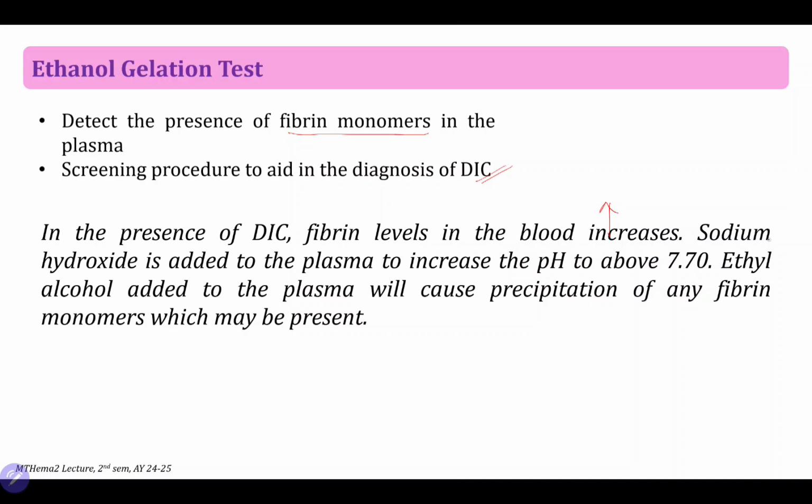Now, sodium hydroxide, which is the reagent in this test, is added to the plasma to increase the pH to above 7.70. Now, once the pH is increased, ethyl alcohol is added into the plasma and will cause precipitation of the fibrin monomers, which are then measured. Increased levels of fibrin monomers indicate the presence of DIC.